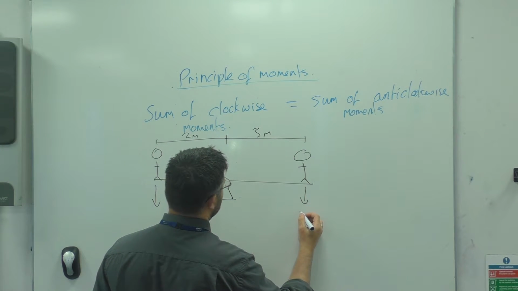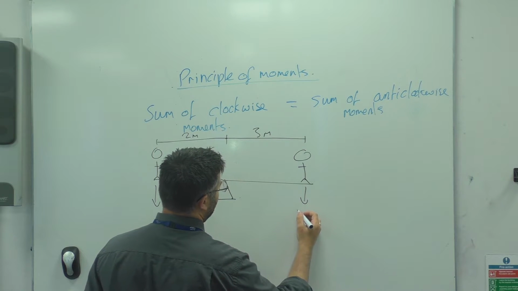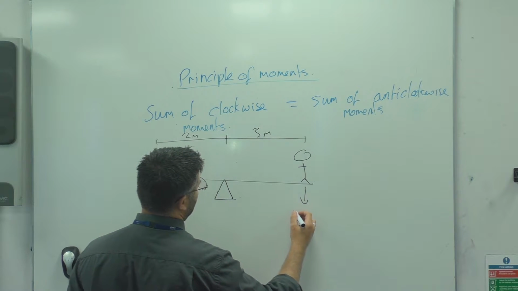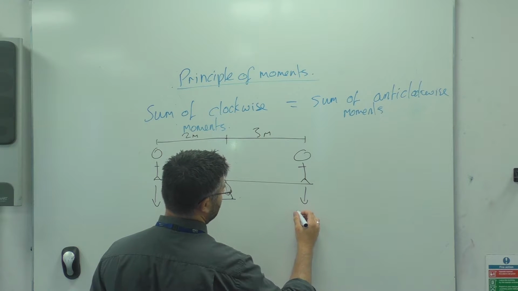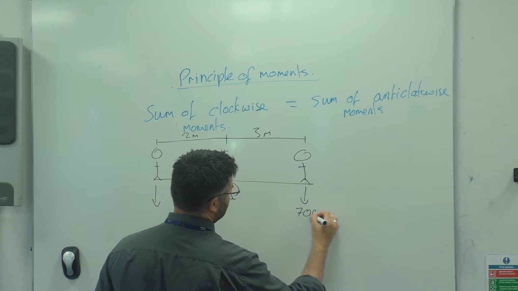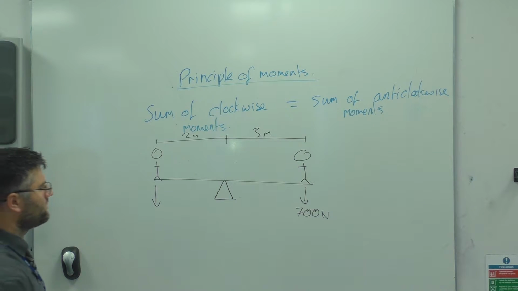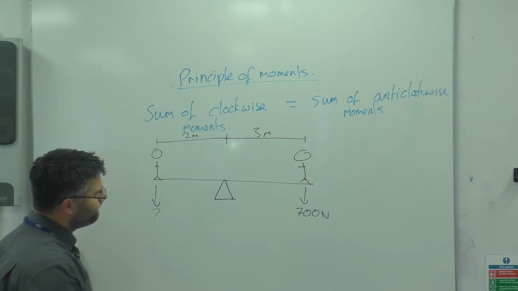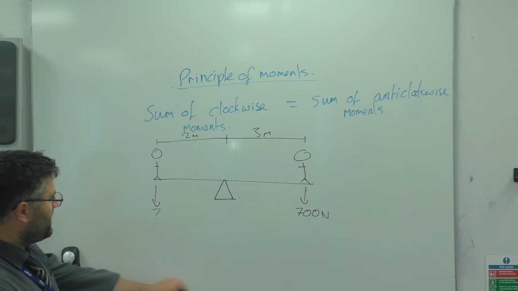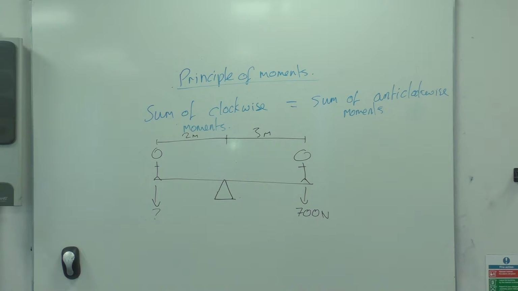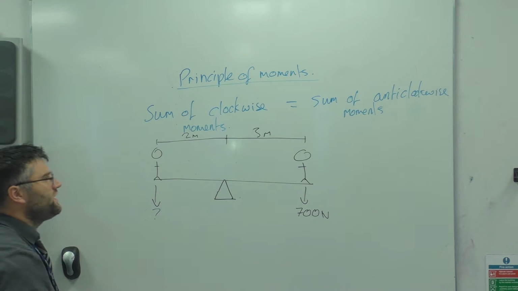So I'm going to say that's, let's go with 700 newtons, that sounds good. So 700 newtons, and we have an unknown. So we can use the principle of moments here to work out our missing value.